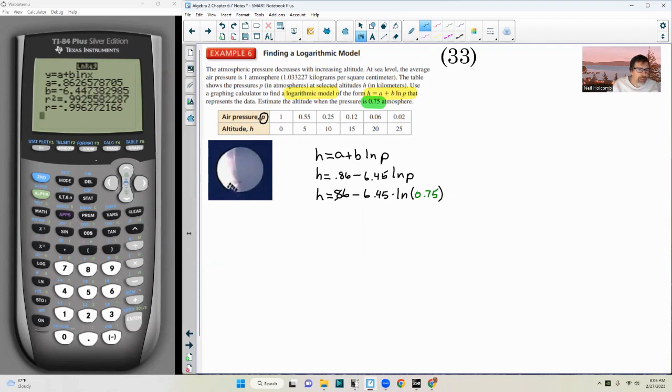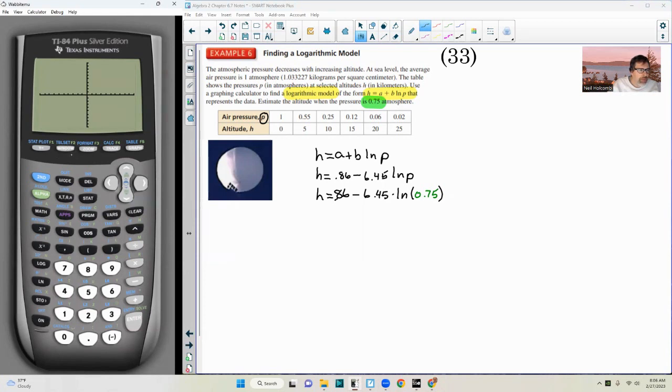So I could do this a couple of ways. I'm going to show you in the calculator using the graph, but then I'd have to adjust my window. If I graph that, okay, I don't see anything because X goes from 1 down to 0.2, but altitude H is 0 to 25.